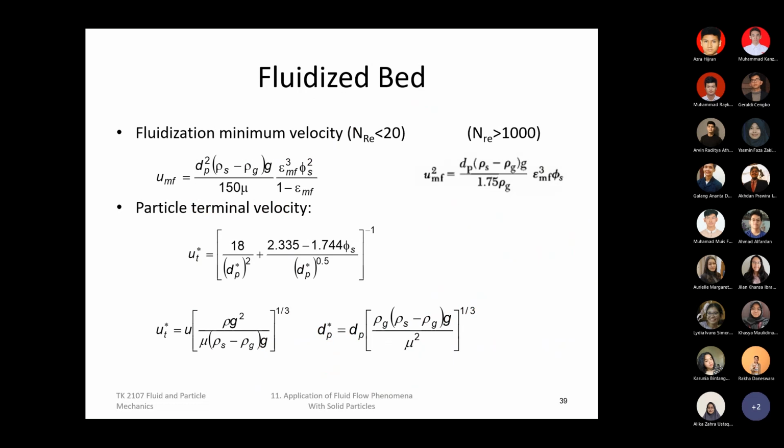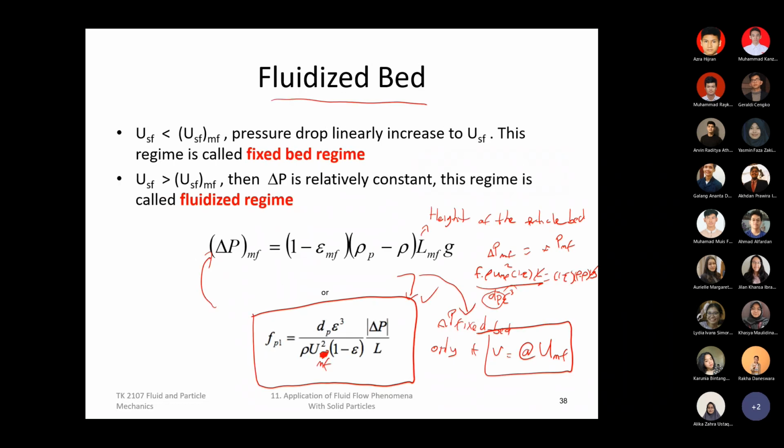Okay, so here comes the important part. By this point, you already understand that I can calculate delta P at fluidized bed if I know what's the UMF. The problem is UMF may not be measured at all times, because when we measure with the flow meter, what will be reported is the actual velocity, not the minimum fluidization velocity.